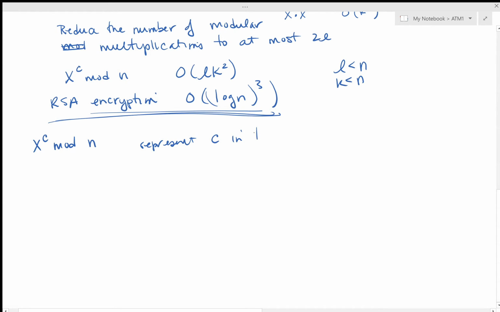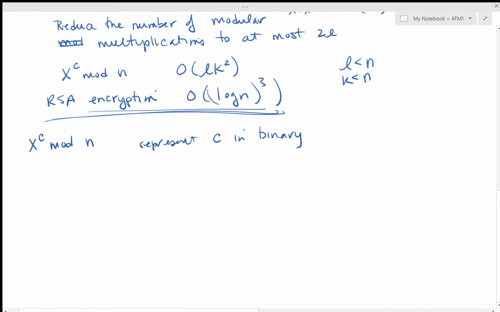That means c will look like this: c is the sum from i equals 0 to L minus 1 of c_i times 2 to the i. That is just a shorthand notation for representing c in its binary notation. And of course, in binary, these c_i will be 0 or 1.